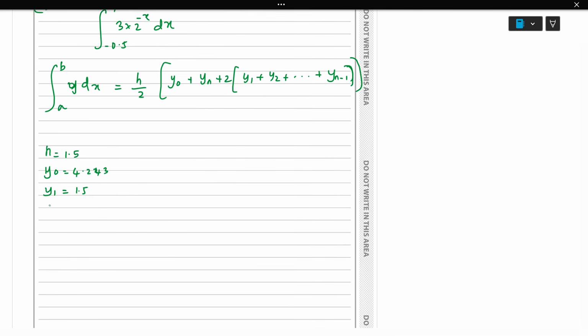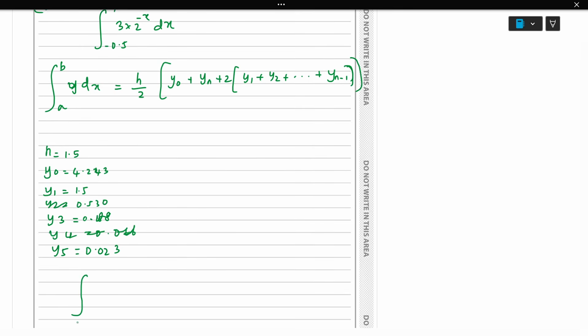Next y2 equal to 0.530, y3 equal to 0.188, y4 equal to 0.066. Last one, y5 equal to 0.023.